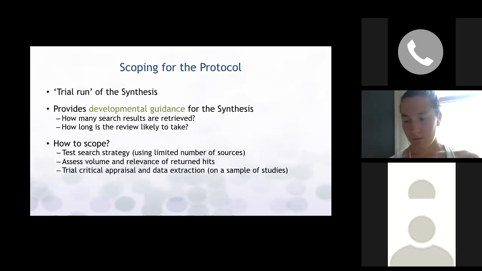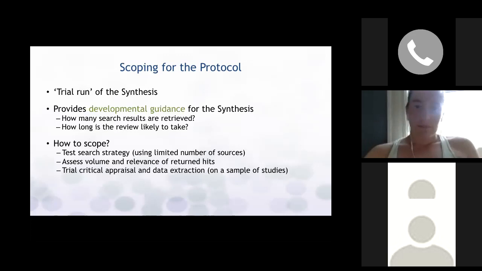What it also lets you estimate is, if you retrieve 1,000 results versus 10,000 results, it'll give you an idea of what resources are needed for you to get through it, and what the timeline is. There's actually a really cool tool out there called predicter.org.